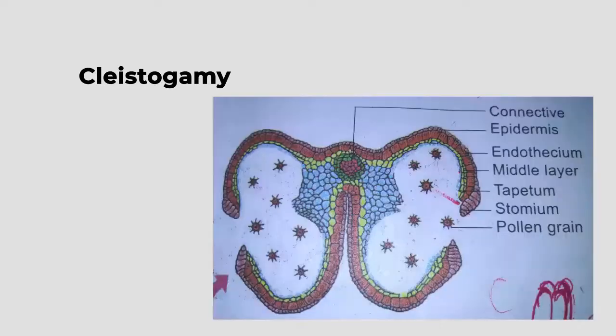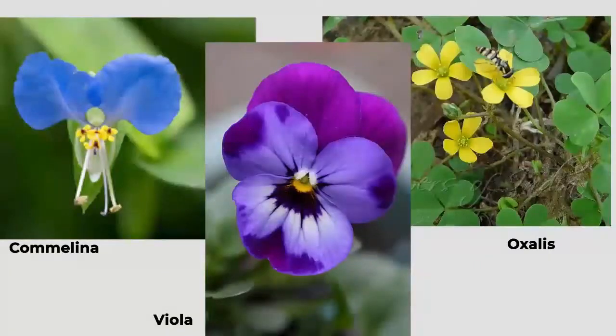You know that clistogamous flowers do not expose their reproductive organs. You have already learnt when you studied about the endothecium in the mature anther. Endothecial differentiation is absent in these flowers because pollination takes place within the closed flower. Commelina, Viola, Oxalis are some examples of clistogamous flowers.